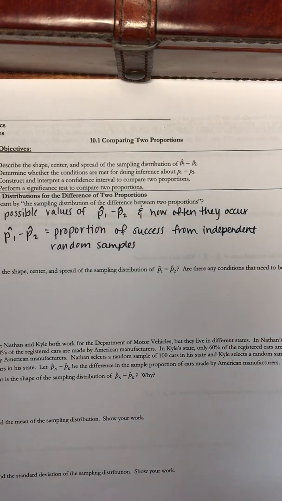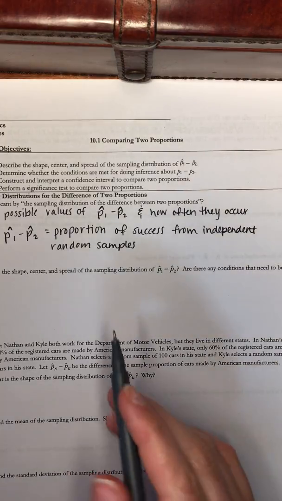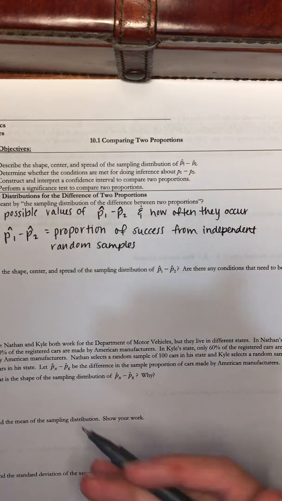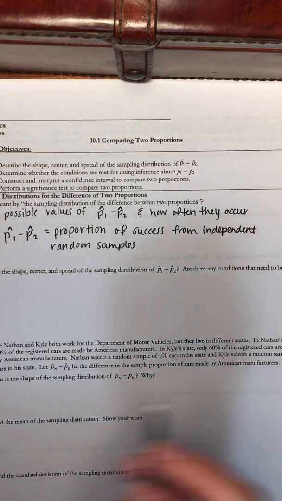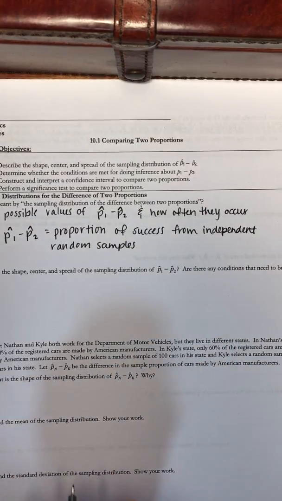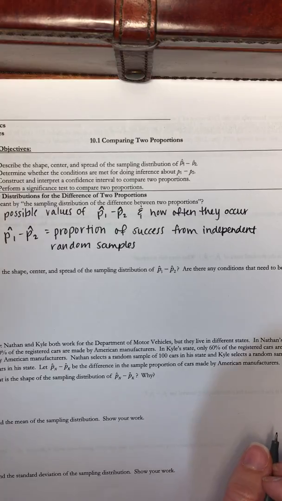Right, so if I took many different samples and found the p-hats for each, that would be my sampling distribution. So the sampling distribution for p hat 1 minus p hat 2 is just the differences for two different groups of that.